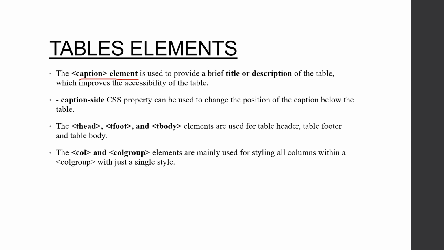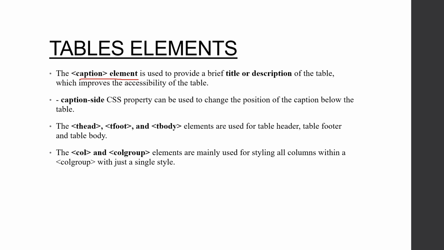And thead, tfoot, tbody elements, they are used for thead for table header and tfoot for table footer and tbody for table body. The col and colgroup elements, they are mainly used for styling all columns within a colgroup with just a single style.